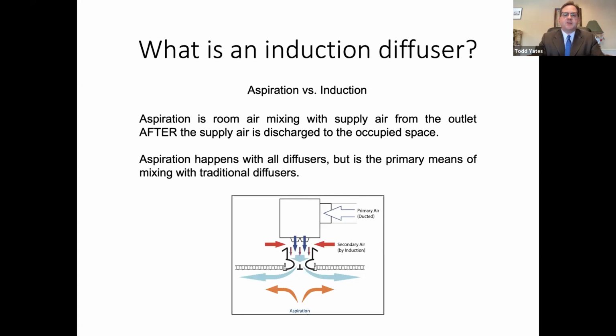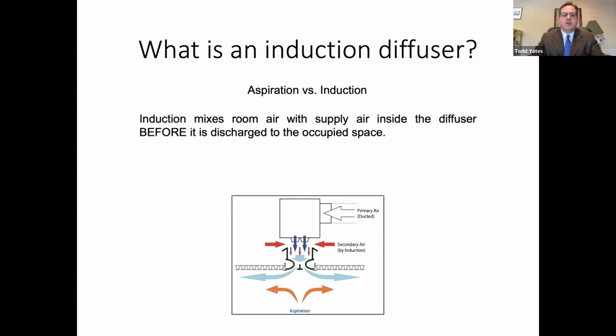So this aspiration effect is typical of what we see in normal diffuser technology, and it's part of induction diffusers as well, but they add a different component to that. With induction, it mixes room air or plenum air into the airstream before it's discharged into the occupied space.